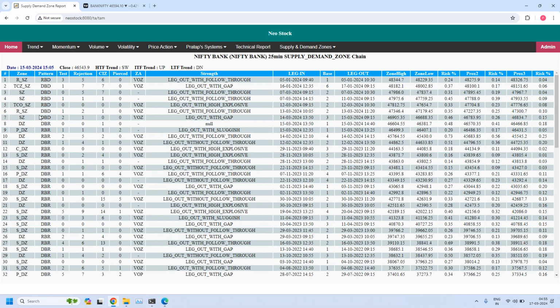We don't give much importance to the other zones. The nearest high liquidity supply zone is the 6th one. It is already tested 2 times and 2 rejections came from this zone. That means last week it already provided trading opportunities. On 13th March it was created.